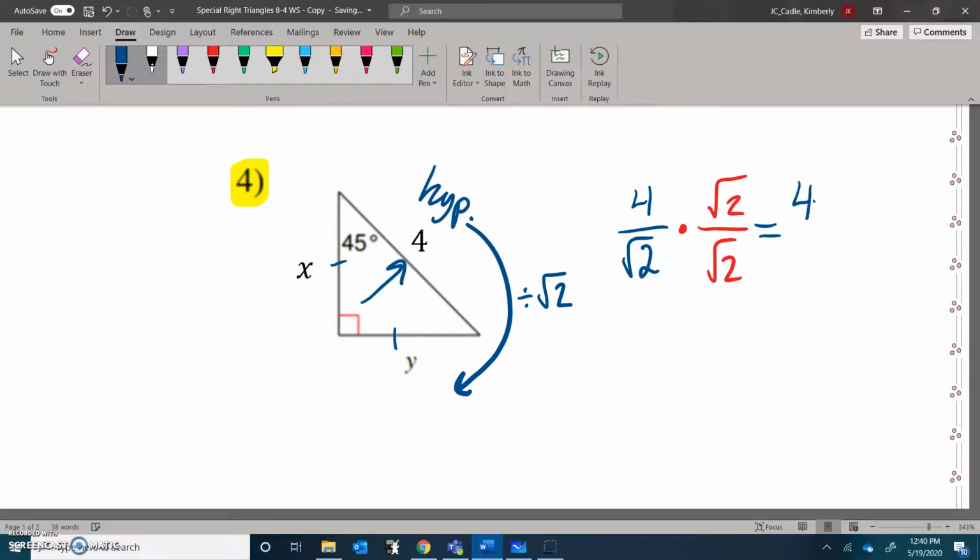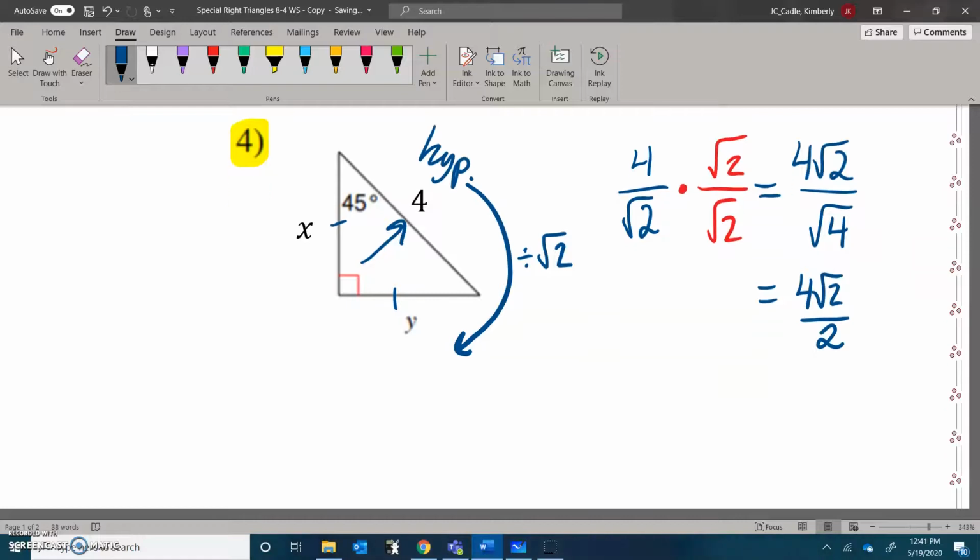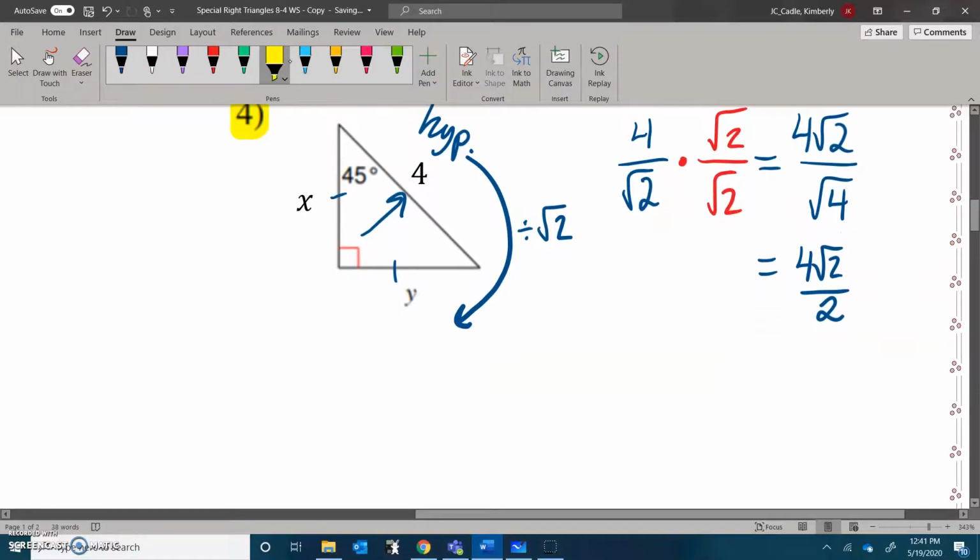So on the top, I've got 4 root 2. And on the bottom, that is the square root of 4. Because these are like terms, I can multiply those together. That square root of 4 on the bottom can now simplify to just a 2. And then you'll see here we have some numbers that are both outside of the radical.